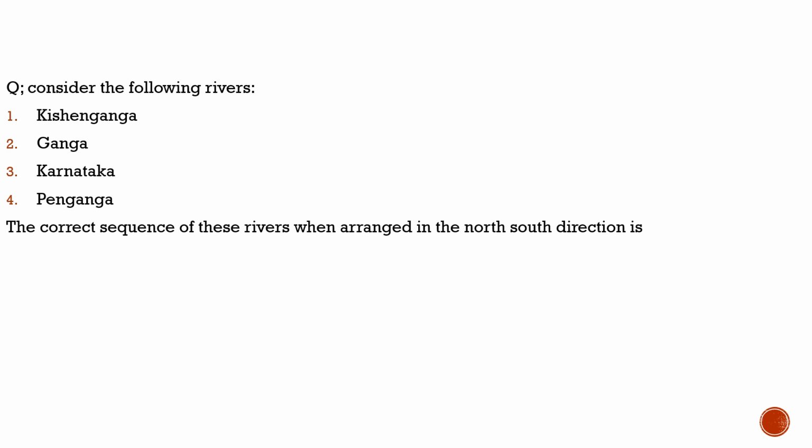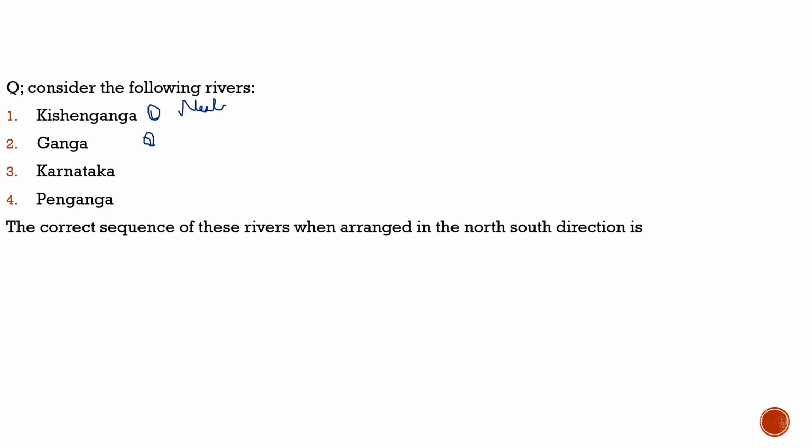The correct sequence of these rivers when arranged from north to south: first Kishan Ganga, also called the Neelam river, in Jammu. Second would be Ganga from the Ganga Brahmaputra basin. Then third, it is not Karnataka, sorry, that should not have been the option here.